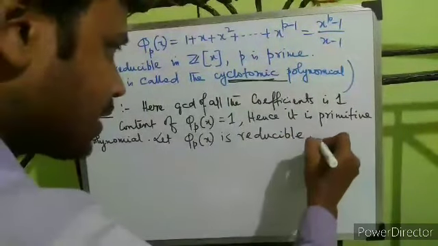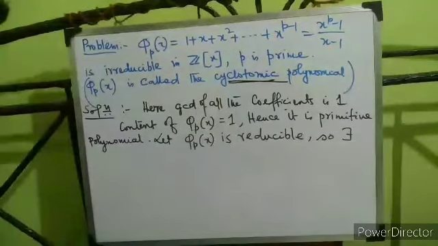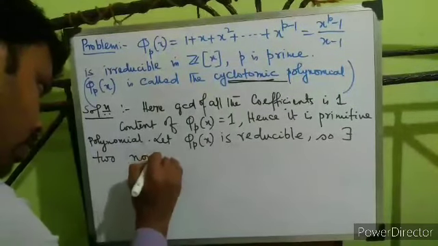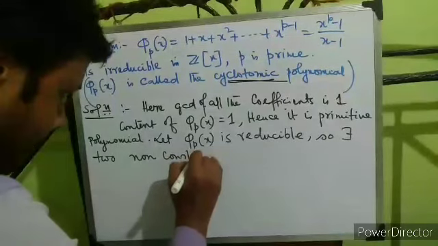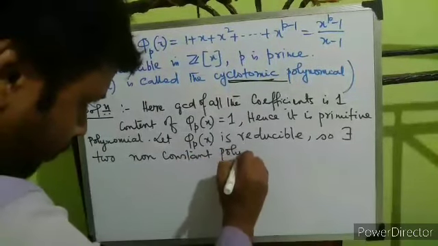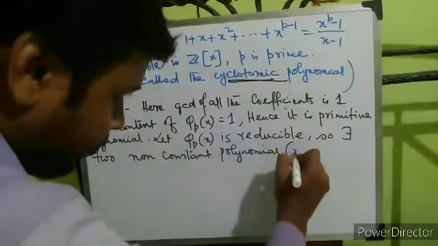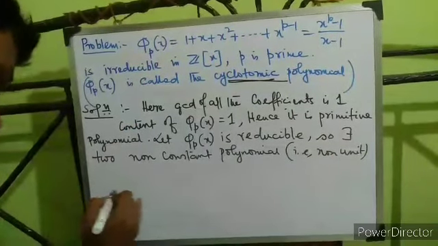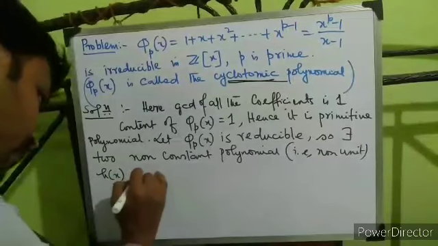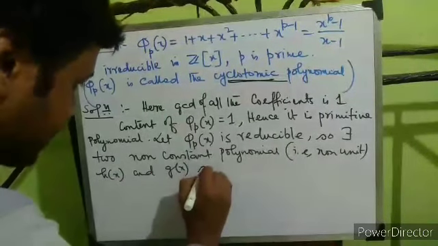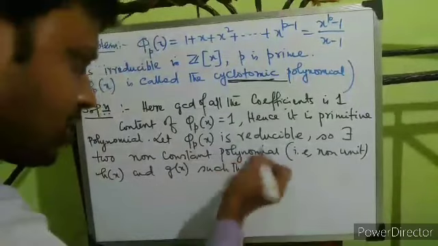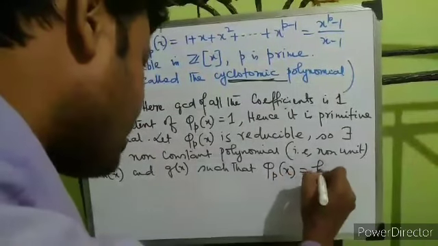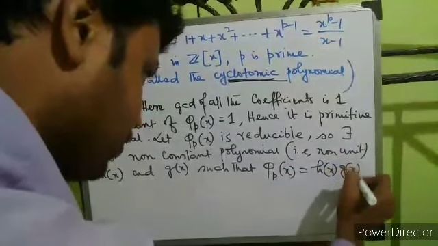So there exist two non-constant, non-unit polynomials h(x) and g(x) such that phi p(x) is equal to h(x) into g(x).